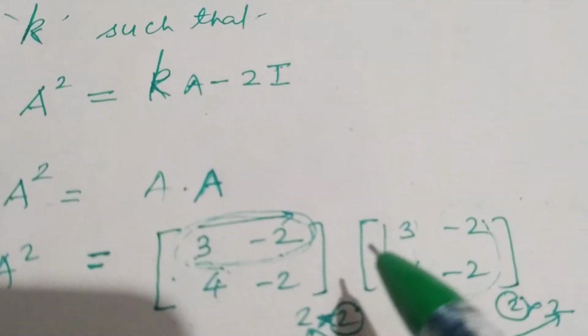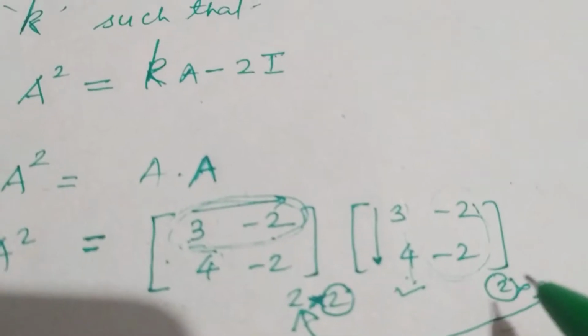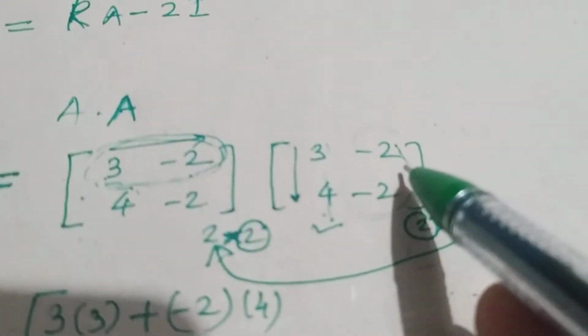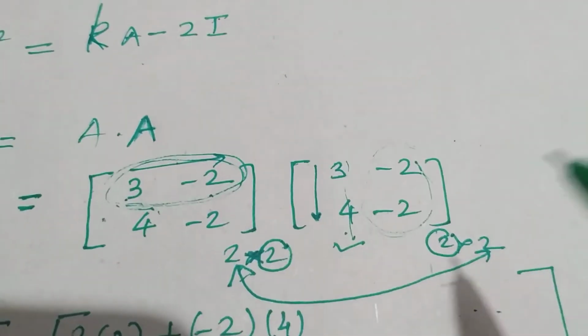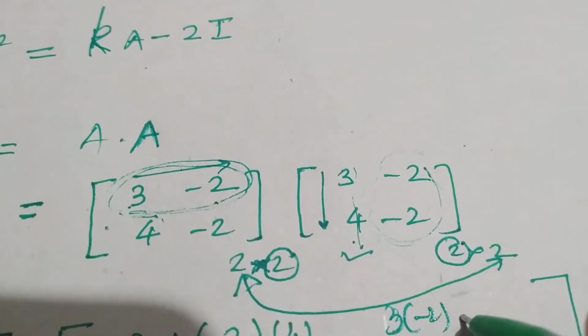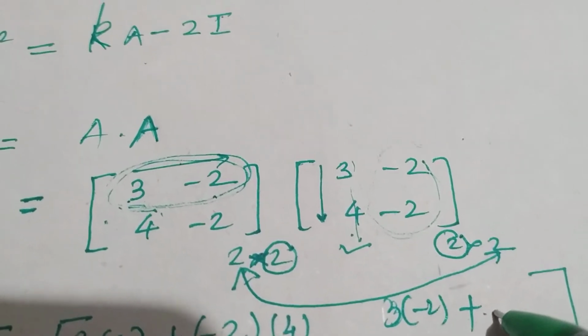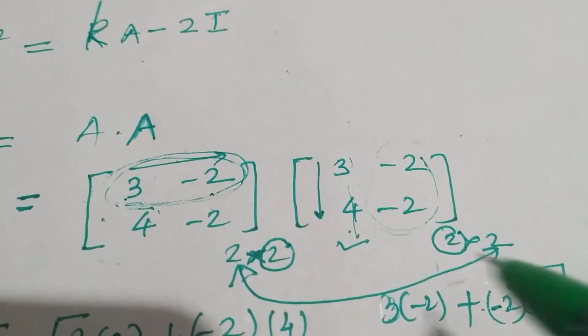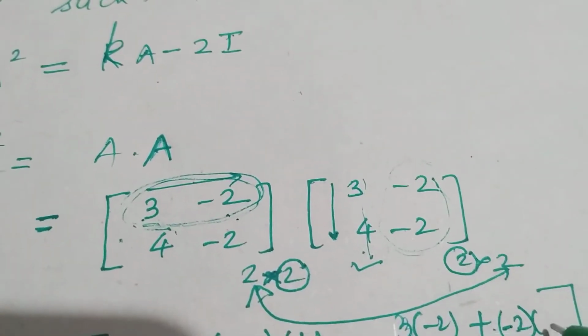So 3 multiplied by minus 2 plus minus 2 multiplied by minus 2.